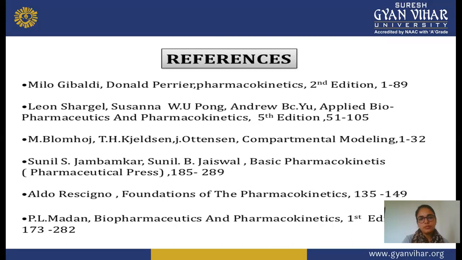Next is Sunil S. Jambhekar and Sunil B. Jaiswal, Basic Pharmacokinetics, pages 185 to 289. Next is Aldo Rescigno, Foundation of Pharmacokinetics, 135 to 149. Next is P. L. Madan, Biopharmaceutics and Pharmacokinetics, first edition, 173 to 283. These are the page numbers.